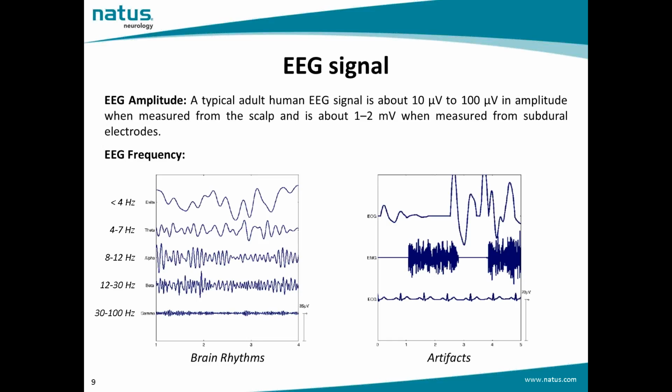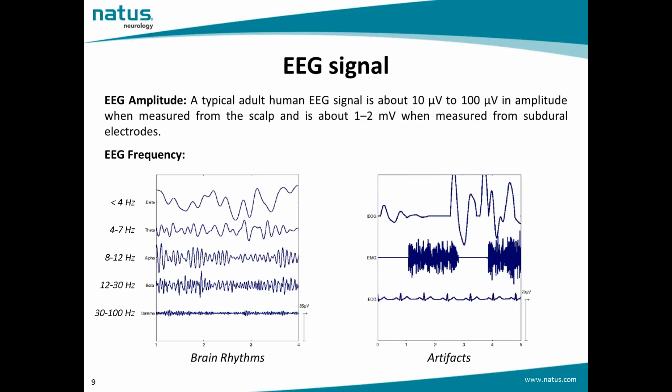Mainly, artifacts and noise contaminate amplitude and frequency in EEG. EEG has a frequency content ranging from 0.01 to around 100 Hz and varies from a few microvolts to approximately 100 microvolts.